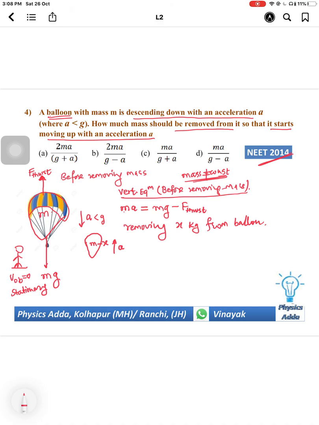Initially, it was moving down. Now, the acceleration has remained the same, but its direction is opposite to the earlier direction of acceleration. See, here, will this a and this a be the same? No, because we have studied in vectors that even though the magnitude of two vectors is the same, it is not necessary that both vectors are equal.